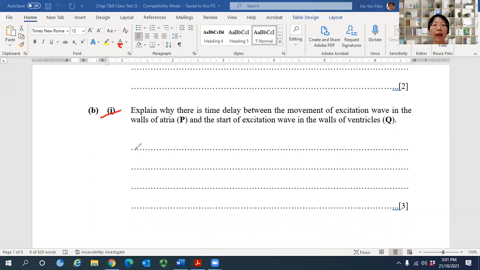B part 1, explain why there's a time delay between the movement of excitation wave in the walls of atria and the start of excitation wave in the walls of ventricle.